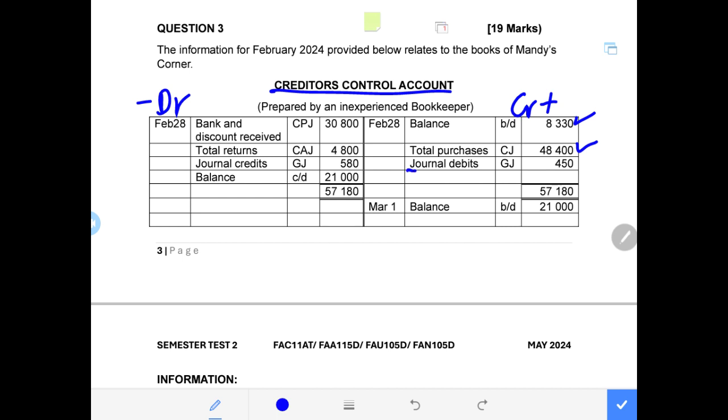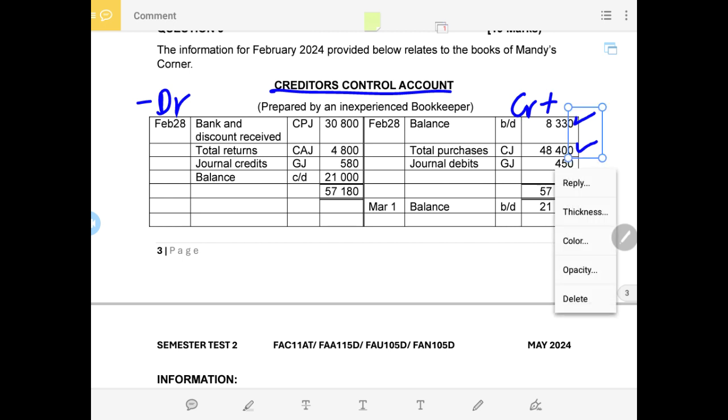We then have journal debits, which are from the general journal, similar to the journal credits that we needed to transfer. The minute it is a journal debit, it must be on the debit side. So now that will go to the debit side. The 450 was also recorded on the incorrect side. Obviously, we understand that this bookkeeper is inexperienced and a graduate from a no-name university.